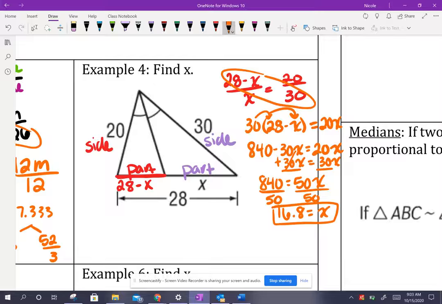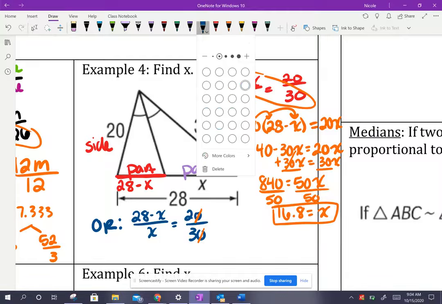Now, if you don't like these really large numbers, you can also reduce this down. You have that 28 minus X over X, and then 20 over 30. You have 20 over 30 here. You can actually simplify and get rid of the zeros and cancel those out.